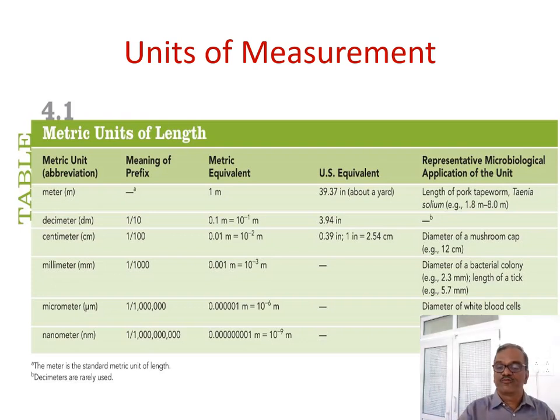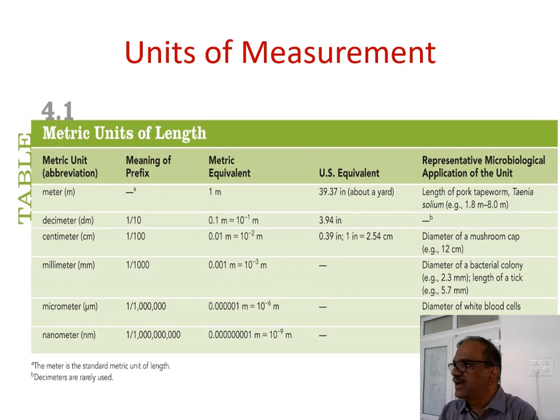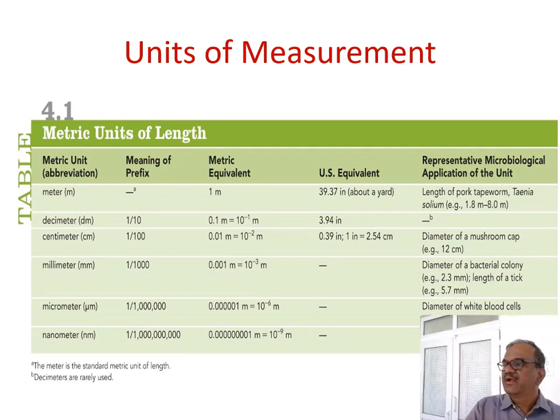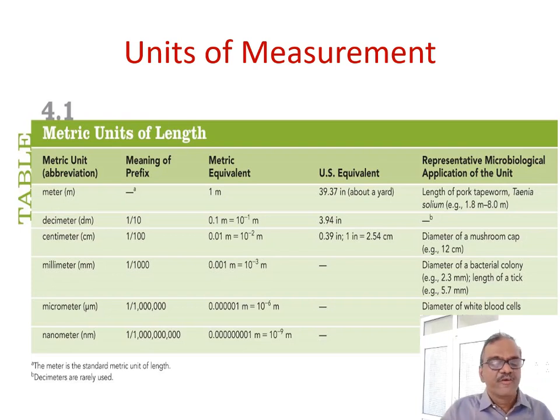What are the examples among biological organisms? If it is a tapeworm or any worm, you can measure it in meters. Then for centimeters, you can measure the diameter of a mushroom cap. You can write any example with the centimeter scale.